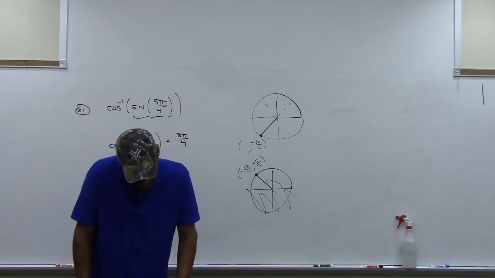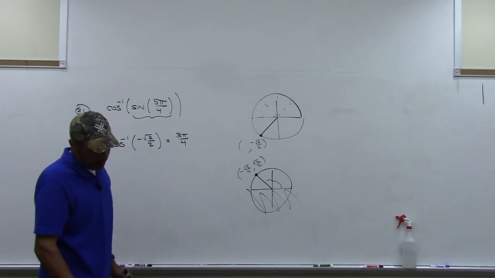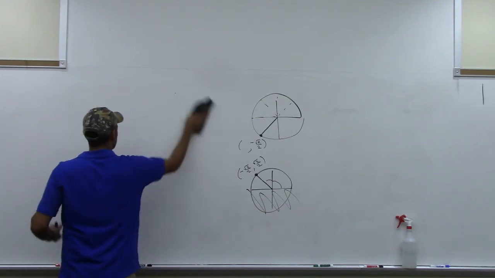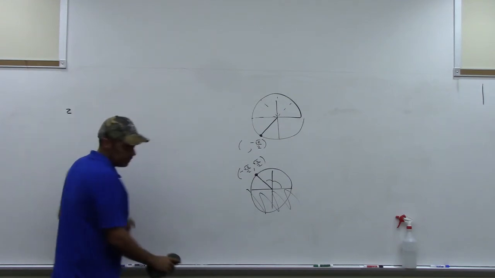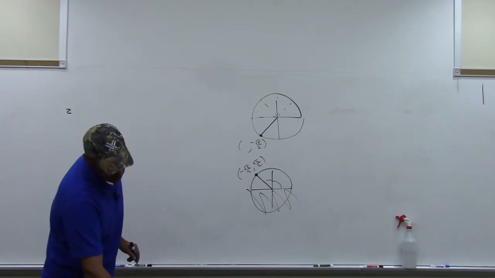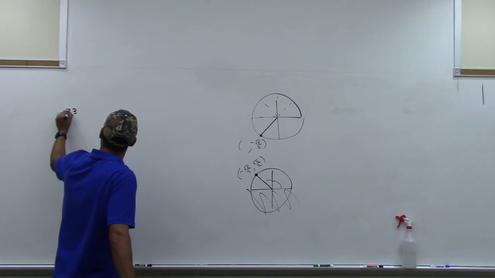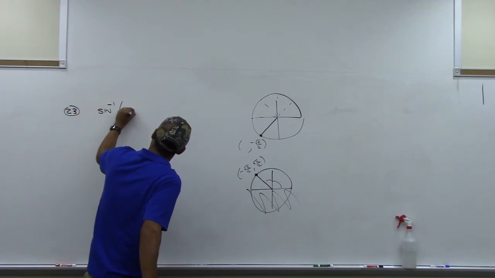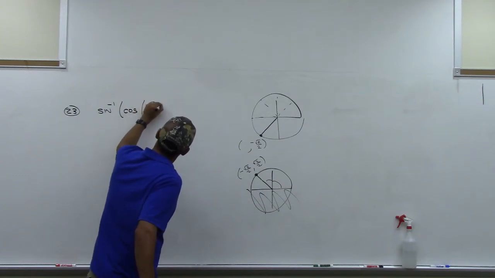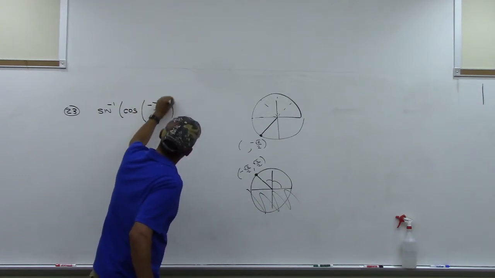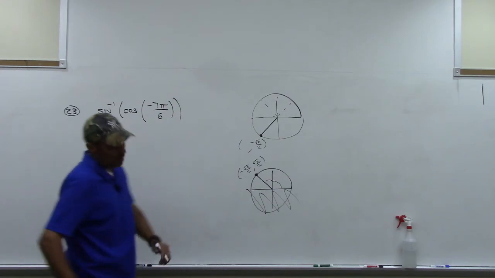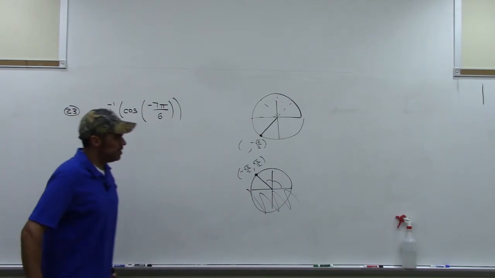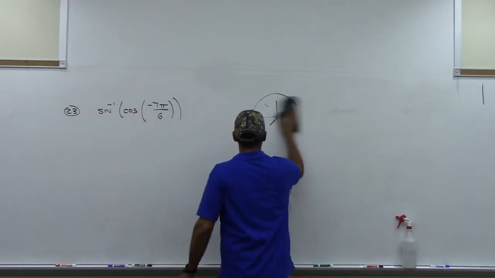23, arc sine of cosine of negative 7 pi over 6. Same story. Cosine of negative 7 pi over 6 is not an angle. That's just a number.